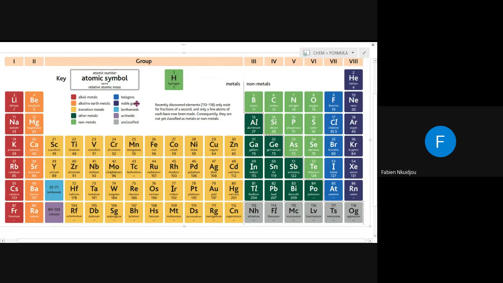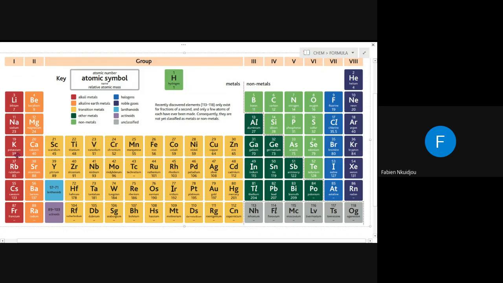Now, it is important for you to note that for elements that are in group 1 to group 4, their valency is the same as the group number. I repeat, for elements in group 1 to group 4, their valency is the same as the group number.